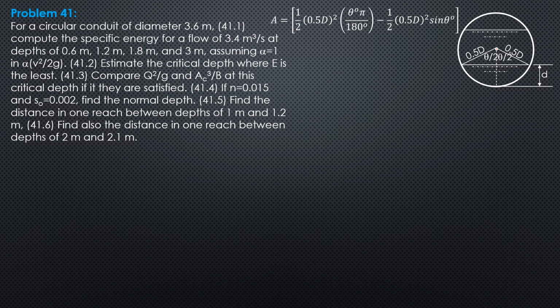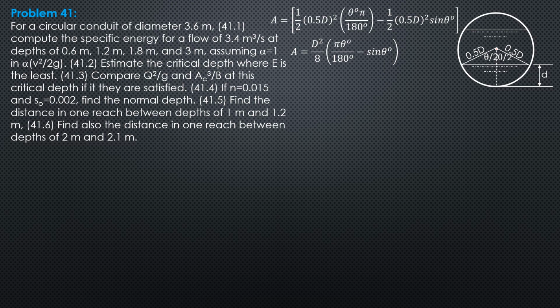Then minus the area of the triangle, 1/2 of 0.5 d squared sine of theta degrees. Simplifying, factor out 0.5 d squared over 2. Then we have d squared over 8 times quantity pi theta degrees over 180 minus sine of theta, where theta is in degrees.